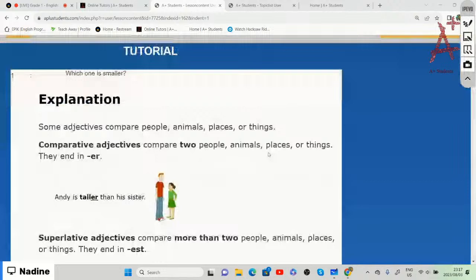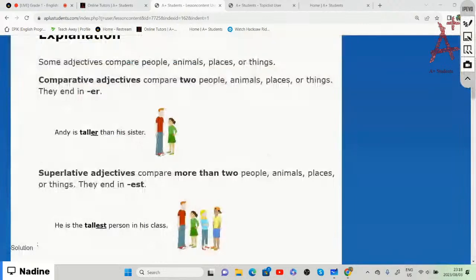Comparative adjectives compare two people, animals, places, or things, and they usually end in er. Then we have a superlative adjective. They compare more than two people, animals, places, or things, and they end in est.